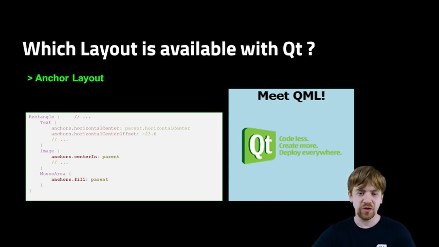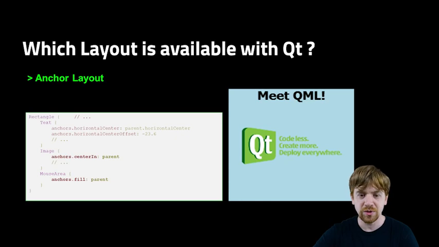The first one is anchors centerIn with the parent, or with anything else. It's typically used to anchor a child item like a text or anything. Here we can see an image that we put exactly in the middle of our screen. This is really effective when you want to put something in the middle of somewhere.